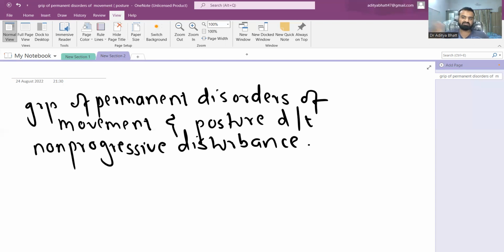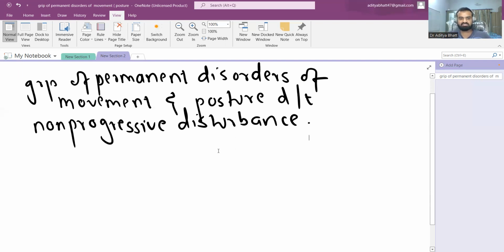The brain picture will not change. The clinical features may change later on, because as the child grows, many of the defects get uncovered. But the insult is one time, it is static, and it has occurred during the neonatal period. So this is the first thing.